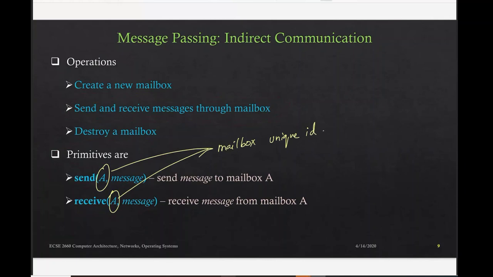So all you have to do in order to change that communication is change the unique ID, right? So you are doing that indirectly. You're not hard coding things by using this indirect communication approach. These two are still message identifiers.